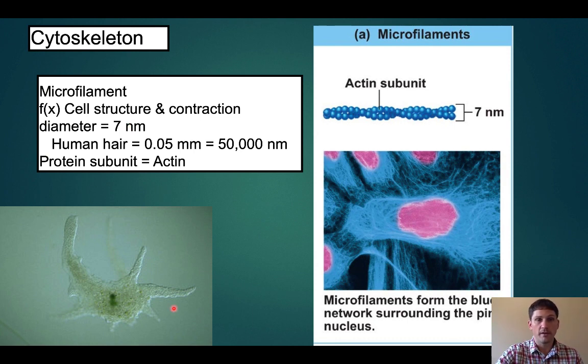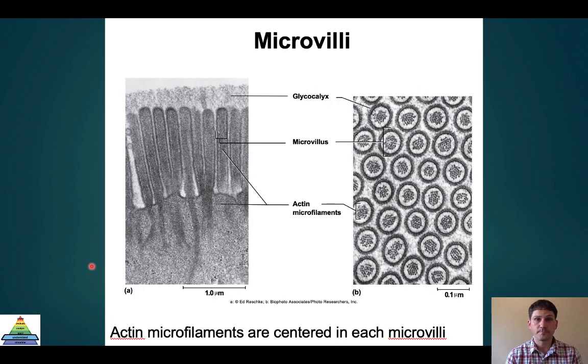Now these, think of contractin, actin, okay? They're going to help with movement of structures. So in this amoeba down here, we have this little pseudopod, and as it's approaching some kind of food, these plasma membranes are going to move out and surround the food and engulf that food. It uses these pseudopods to do that, and the actin filaments are going to help with that movement.